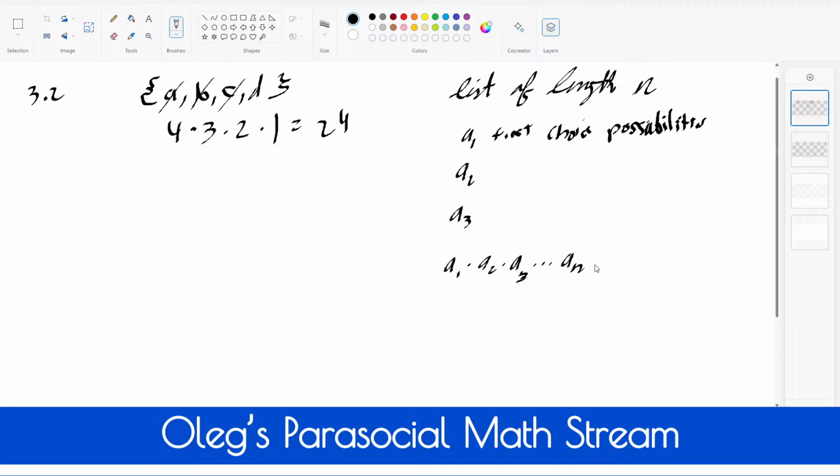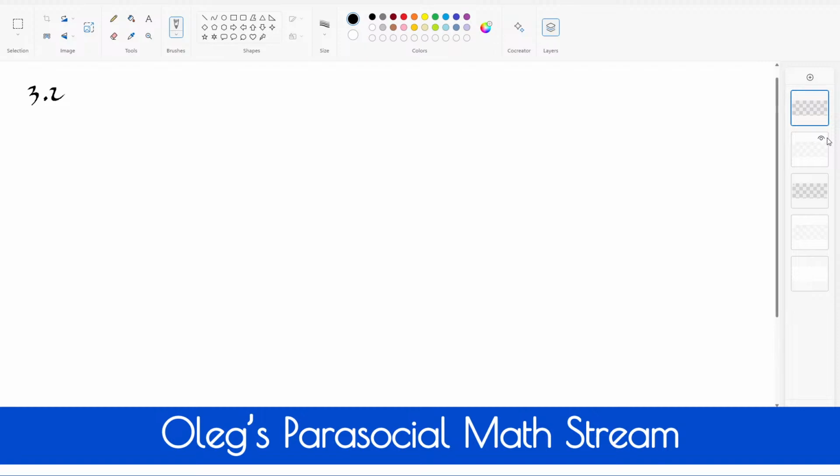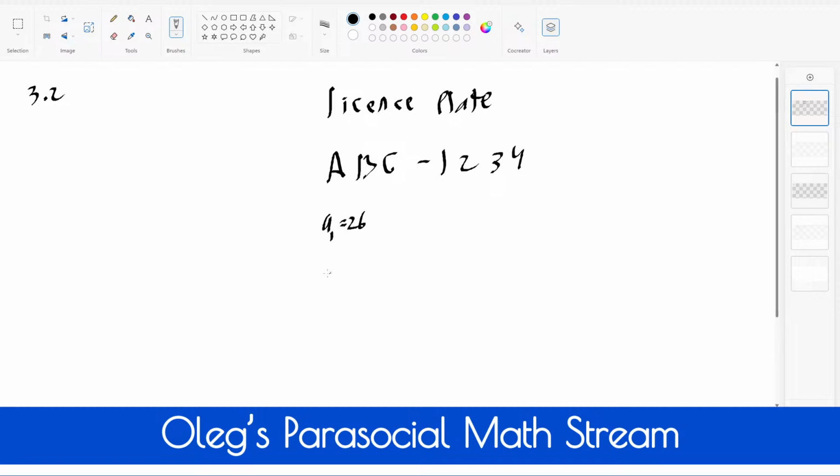So let's do this real quick here. We have, let's say, A, B, C, dash, 1, 2, 3, 4. How many possibilities? A sub 1 is going to be 26.